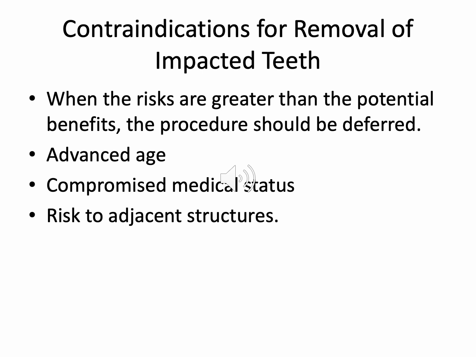If you feel that the risk to the adjacent structures, namely adjacent teeth, maxillary sinus, or more commonly the inferior alveolar nerve, is such that it outweighs the benefit, then that would be a reason to consider not doing the procedure. If you think you can't take out the tooth without damaging one of those above mentioned structures, that would be a scenario where the risks outweigh the benefits.